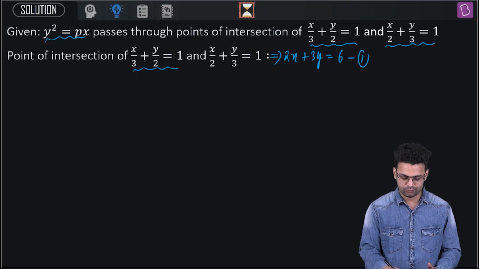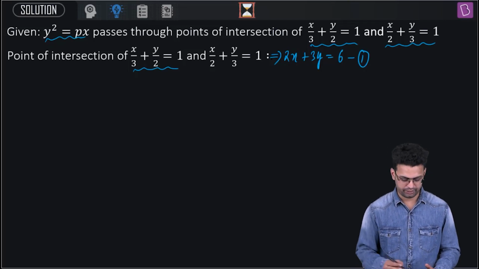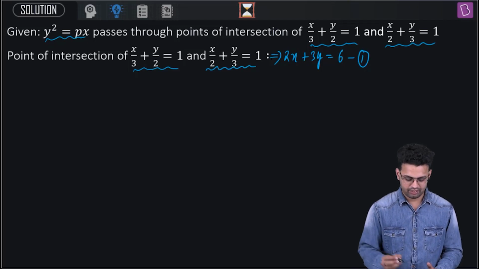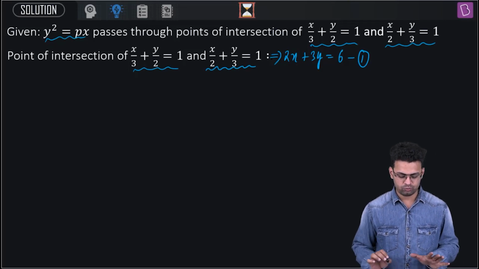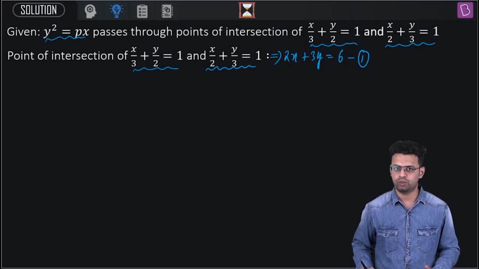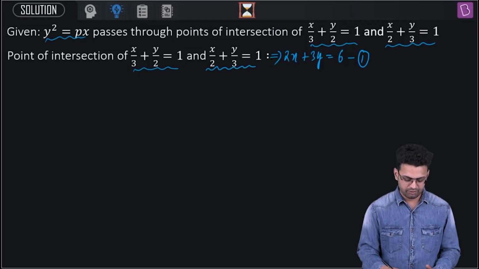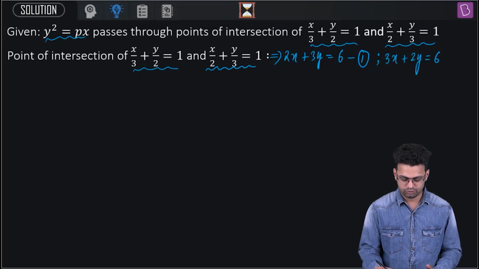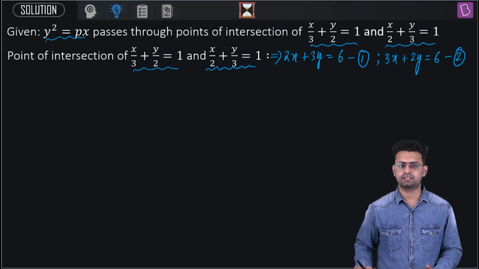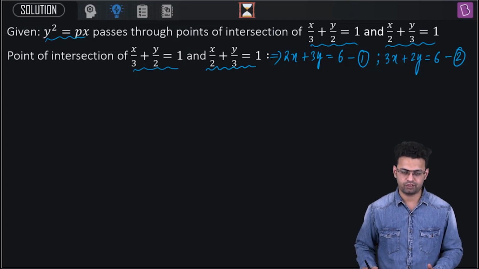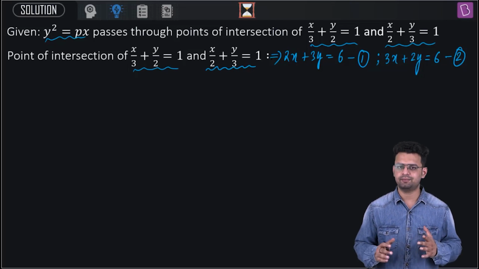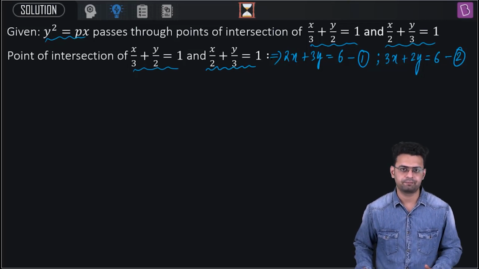I'm calling this equation 1. Secondly we have x upon 2 plus y upon 3 is equal to 1, correct? If I simplify this equation also, what I'll get is 3x plus 2y is equal to 6. I'm calling this equation number 2. I did nothing, I just took the LCM and simplified it a bit further.